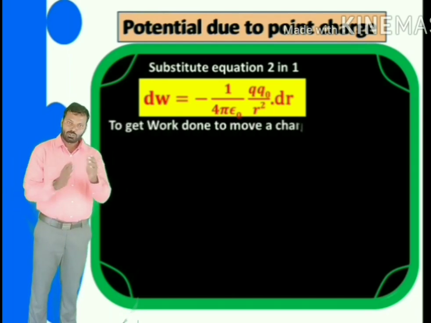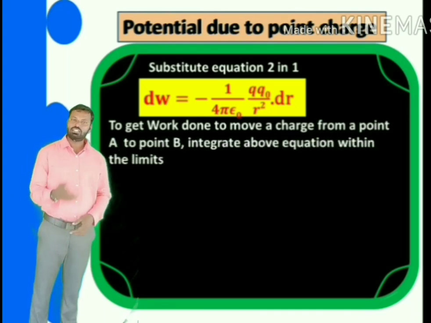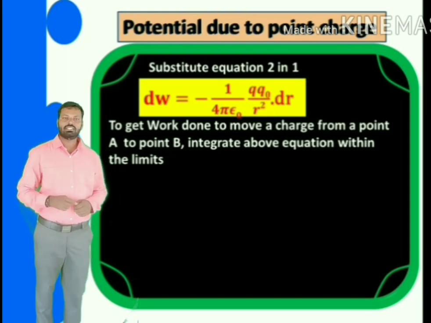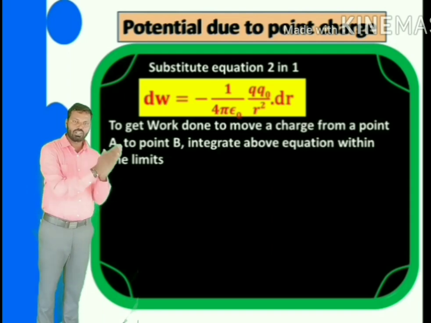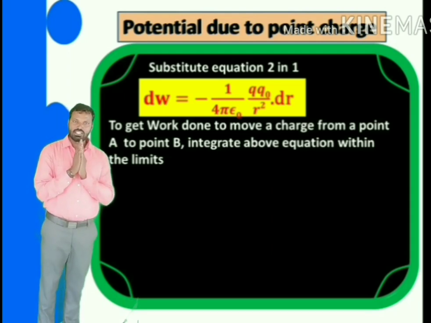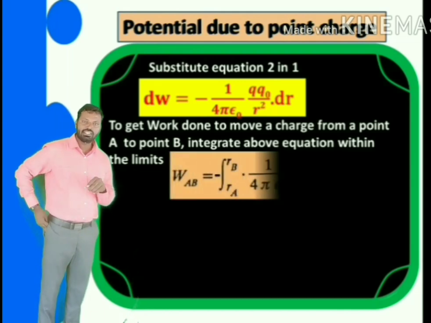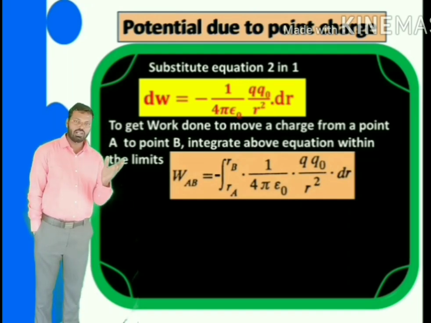To get total work done, what do I have to do? I just have to integrate that equation within the limits. What are the limits? I want to move my charge from point A to point B. Let us suppose the distances of point A and point B are RA and RB. Then my limits of integration are RA to RB.